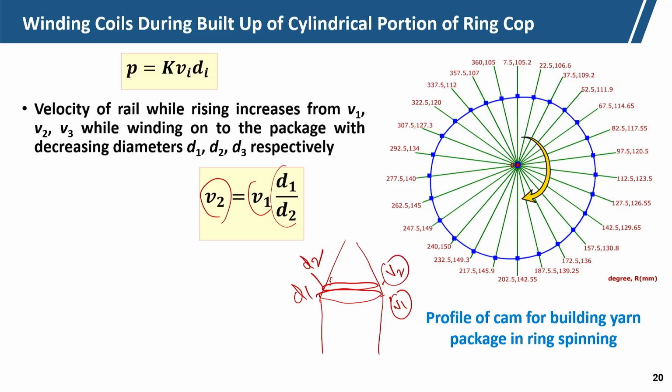If diameter 2 is lower, V2 will be higher than V1.